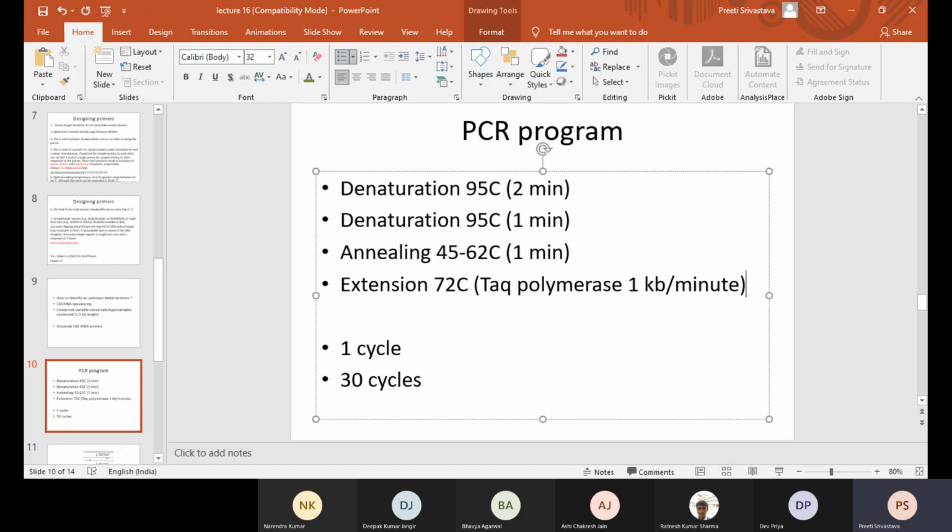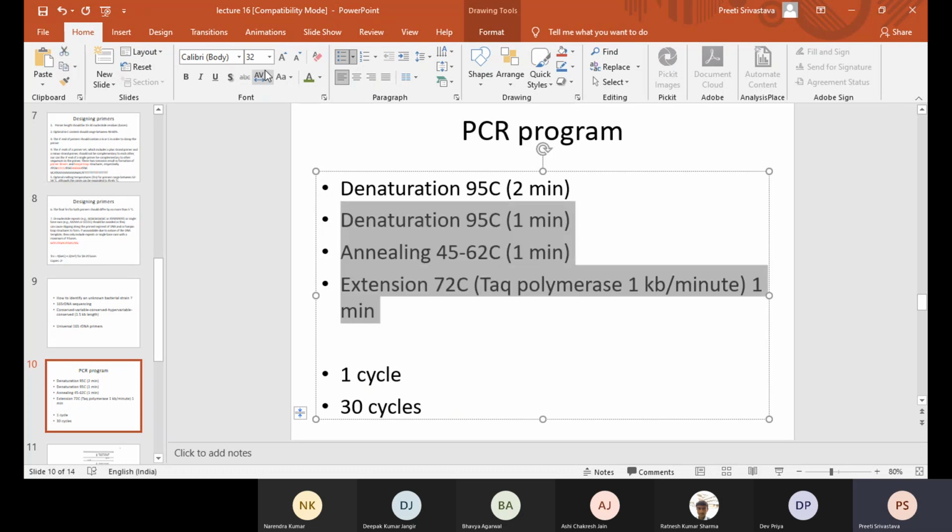So if you want to amplify a 1 kb fragment, the extension will be 1 minute. If you are amplifying a 500 base pair fragment, then the extension can be 30 seconds. Ultimately these three steps are repeated for 30 cycles.